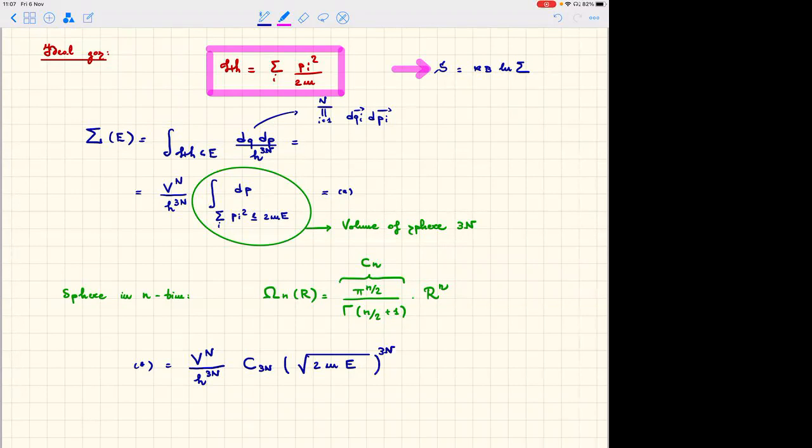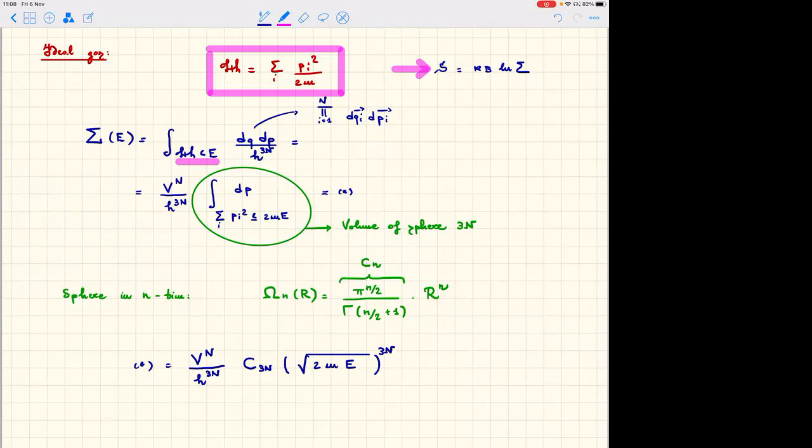And then sigma is given by this integral, over all the phase space volume enclosed by the hypersurface of energy E, so this is the condition H of q,p less than E. These are the 6N phase space variables divided by h to the power 3N, where h is, for the moment, an arbitrary constant with dimensions of an action.